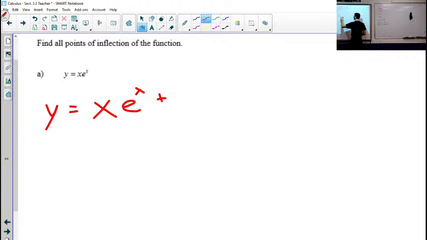Plus second times derivative of the first. Derivative of x is 1.